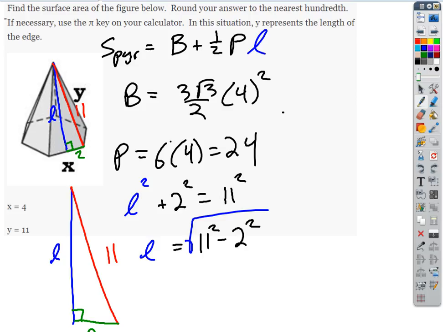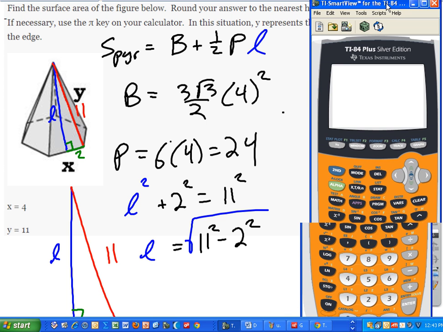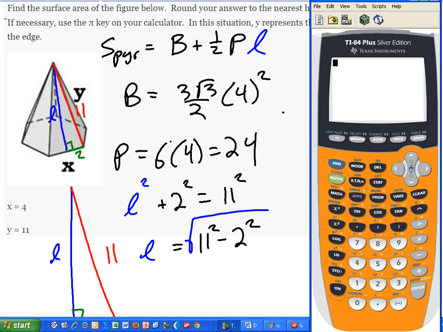So let's calculate, how about L? So L was the square root of 11 squared minus 2 squared. So there's the number for slant height. The base area of B, let's calculate that. That was 3 times square root of 3 divided by 2 times 4 squared.